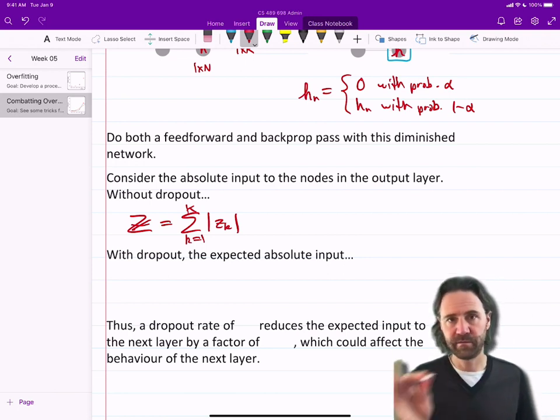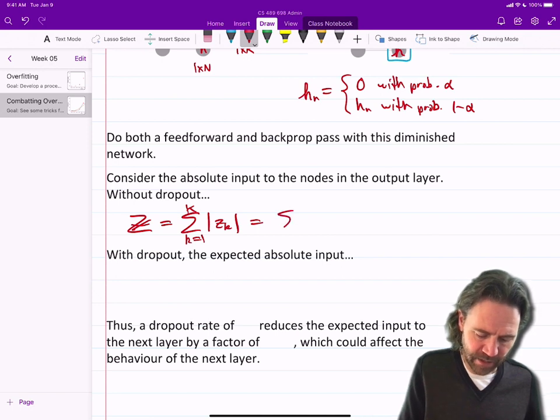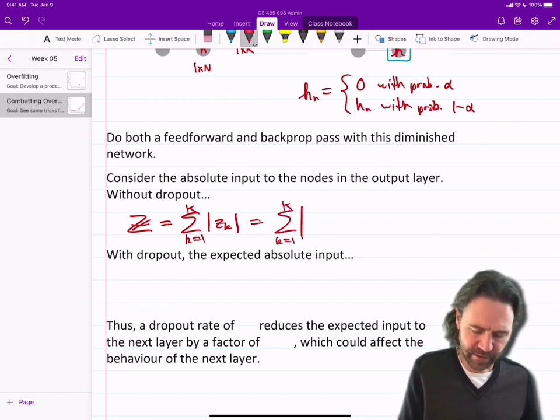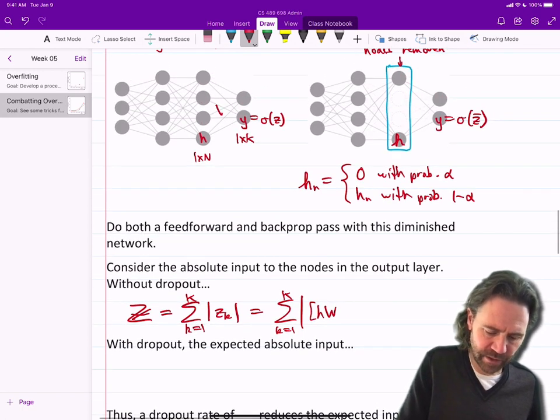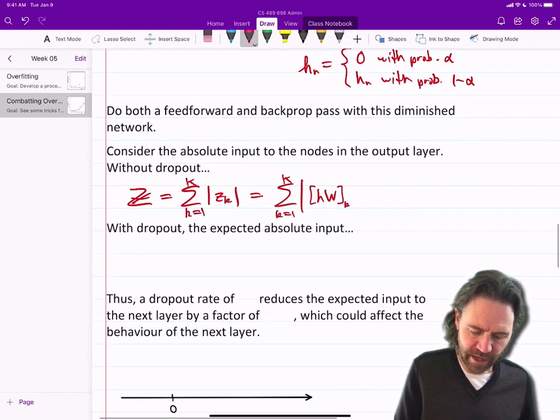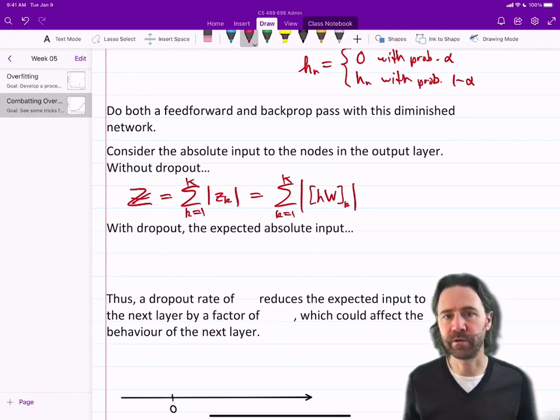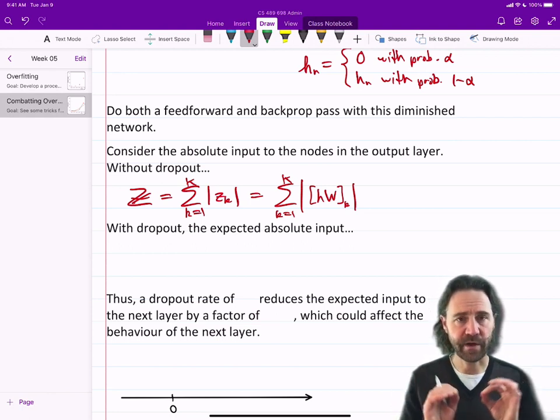We can calculate that as H times the connection weights W, taking the kth element, absolute value. We're just adding up the input currents to the output nodes, and we call that the bubble Z.